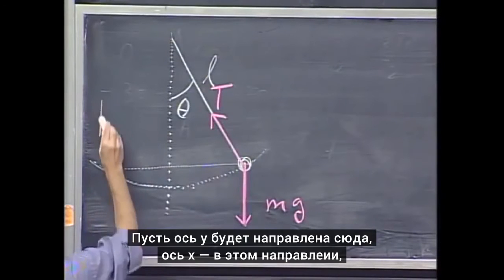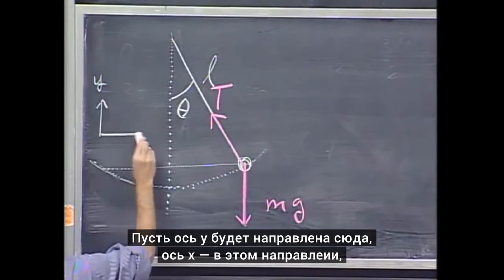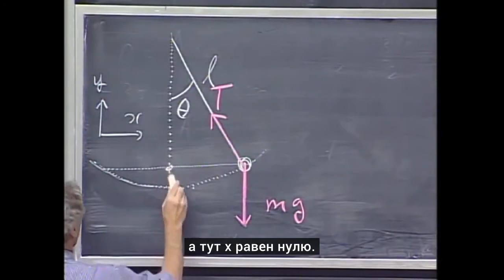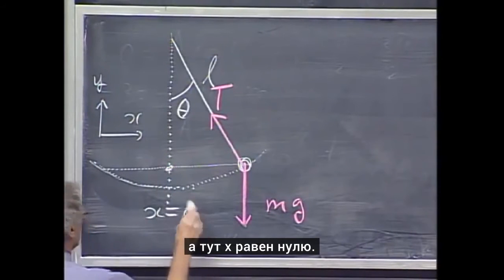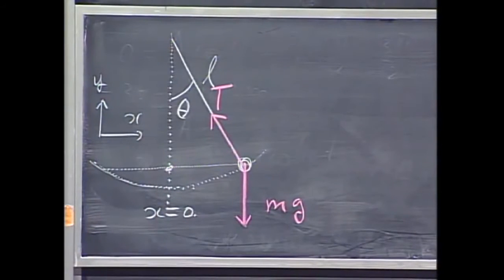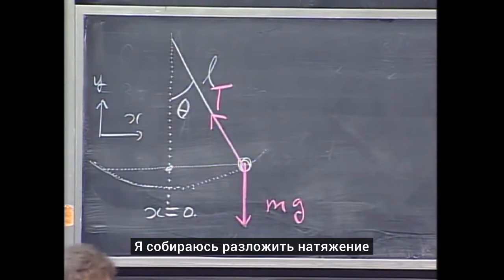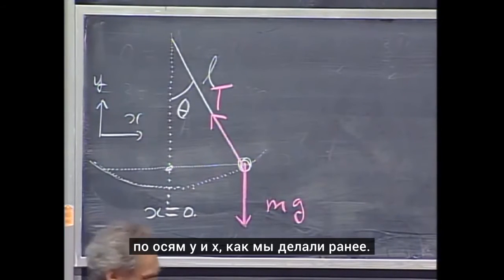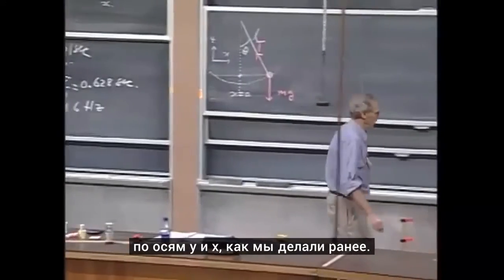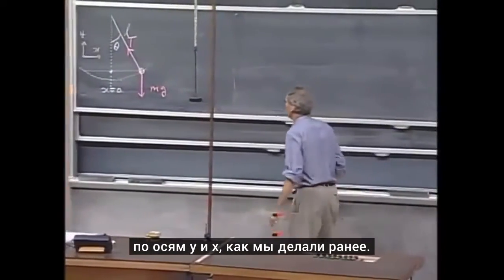I call this the y direction, and I call this the x direction, and here x equals 0. Well, I'm going to decompose the tension into the y and into the x direction, as we have done before.